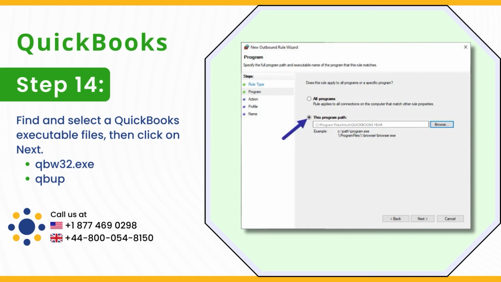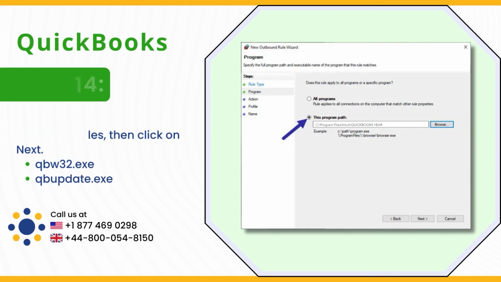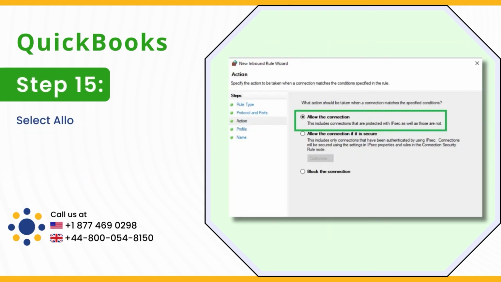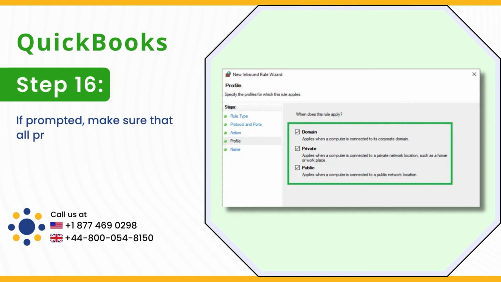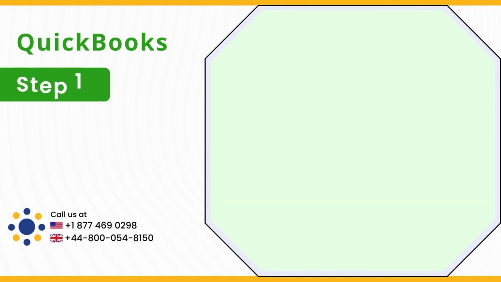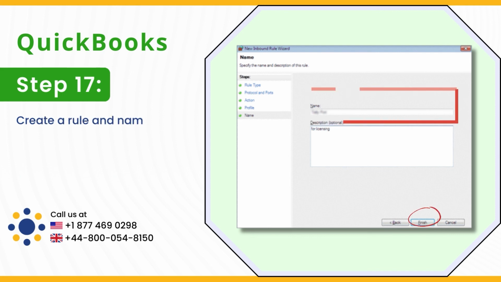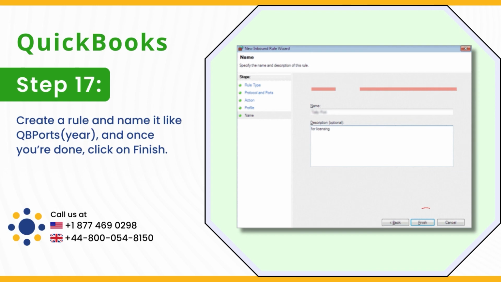QBW32.exe, QBupdate.exe. Step 15, select Allow the connection and then Next. Step 16, if prompted, make sure that all profiles are marked and then click Next. Step 17, create a rule and name it like QBports year, and once you're done, click on Finish.